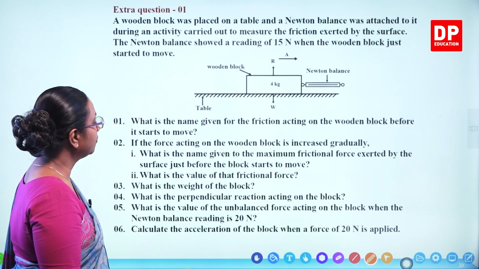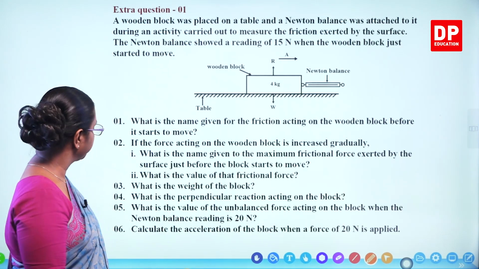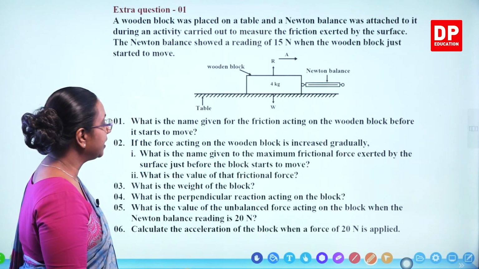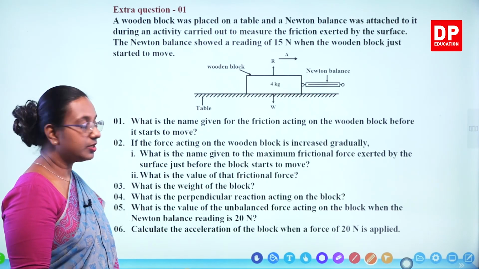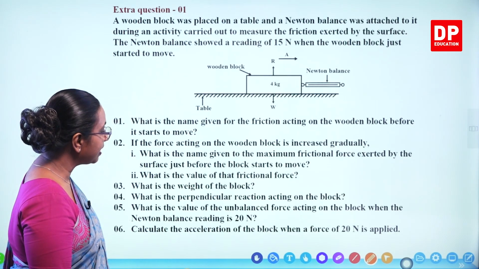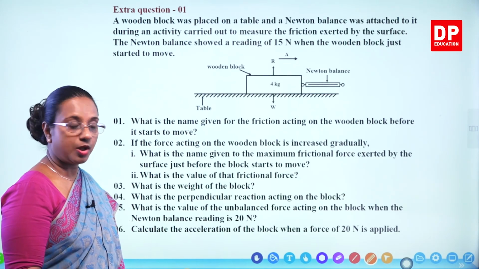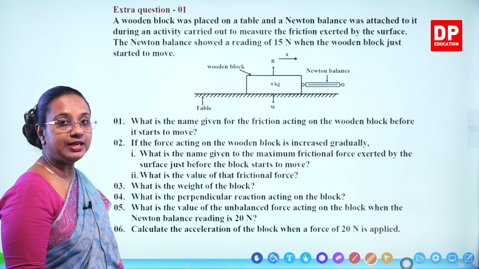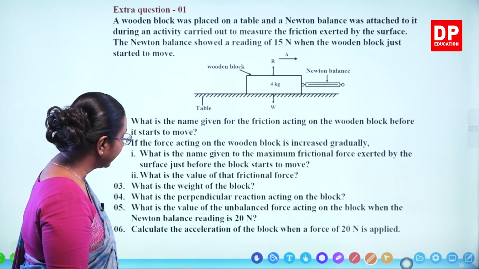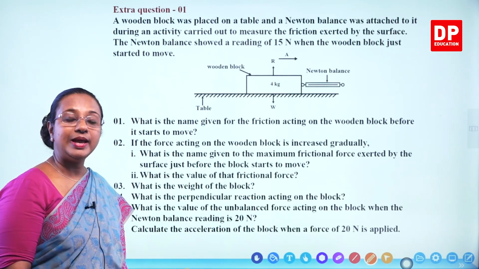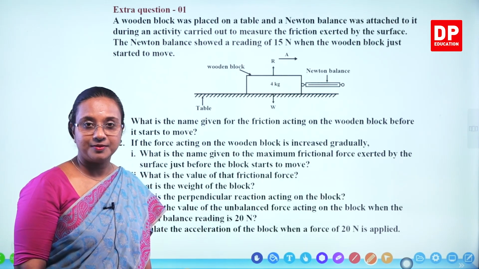What is the value of that frictional force? What is the weight of the block? What is the perpendicular reaction acting on the block? What is the value of the unbalanced force acting on the block when the Newton balance reading is 20 Newton? Calculate the acceleration of the block when a force of 20 Newton is applied.